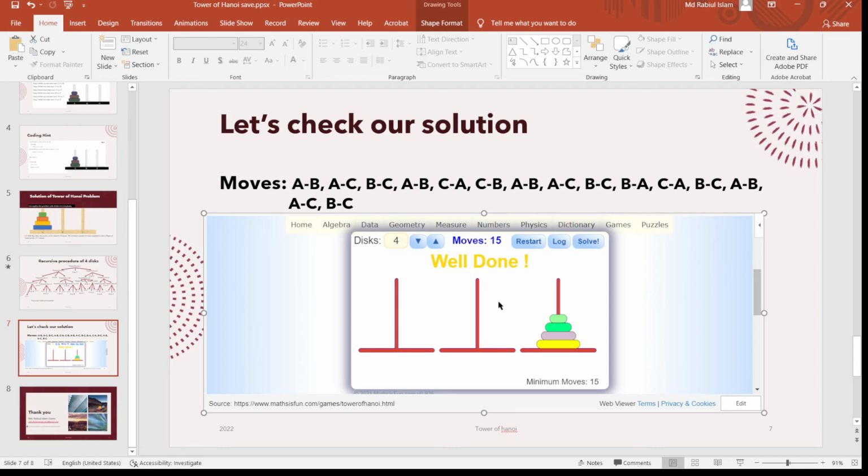We just have to memorize the idea that if we want to solve the n disk problem, we have to make sure we solve the n minus 1 problem before. If we can solve the n minus 1 problem down to 0, we can solve the whole problem easily.